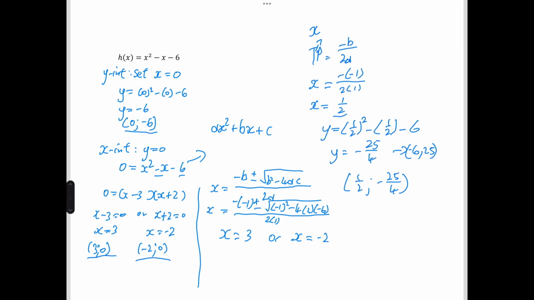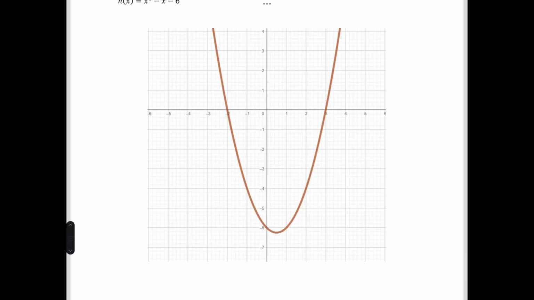And here we have our graph. Remember my intercepts. That's going to be -2 and 0, and my x-intercept on the right is going to be 3 and 0. My y-intercept is going to be 0 and -6.